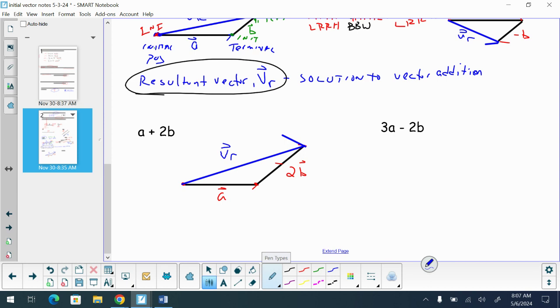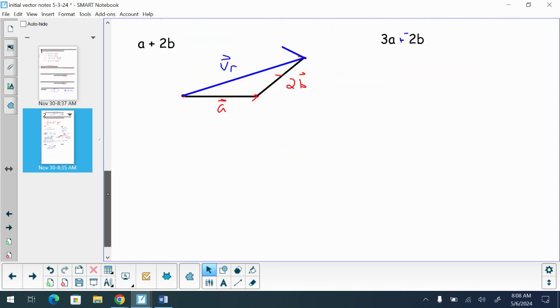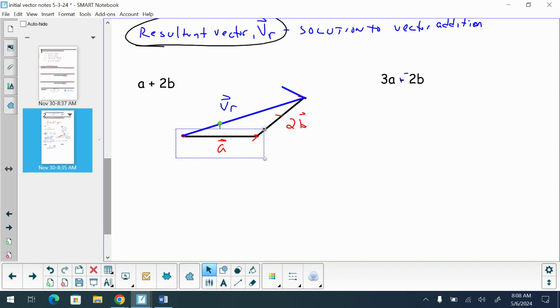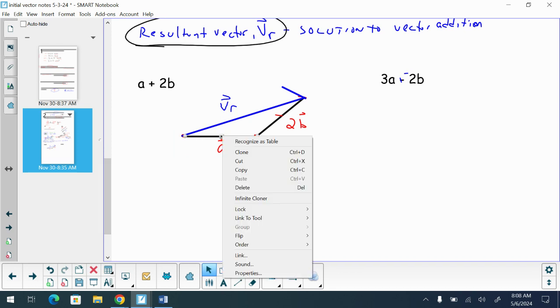3A minus 2B. Okay, whenever I see a minus in there, my suggestion to you is change that into plus and negative. Might want to space yourself out a little bit here because we have 3 of the A's. So draw 3 of your A's.